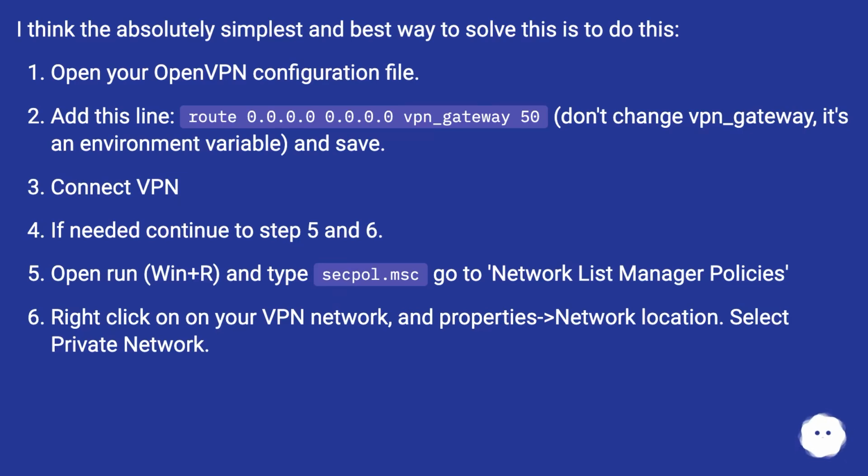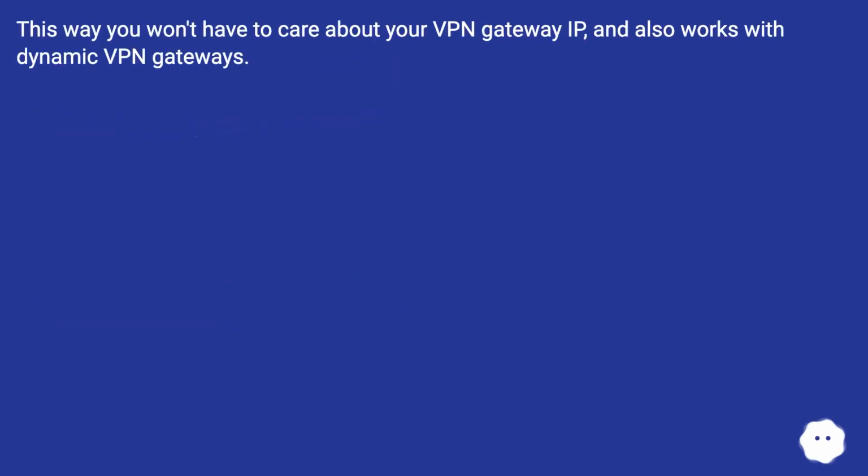Open Run with Win+R and type secpol.msc, go to Network List Manager Policies. Right-click on your VPN network and choose Properties, Network Location. Select Private network. This way you won't have to care about your VPN gateway IP, and it also works with dynamic VPN gateways.